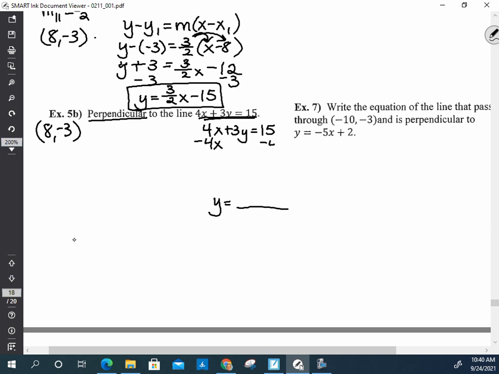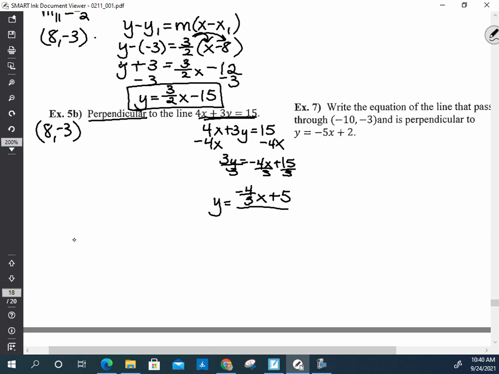Subtract 4x on both sides. So 3y equals negative 4x plus 15. Divide everything by 3. So you get y equals negative 4 over 3x plus 5.